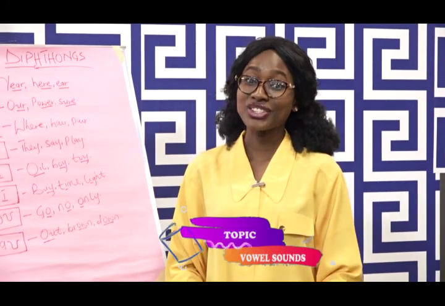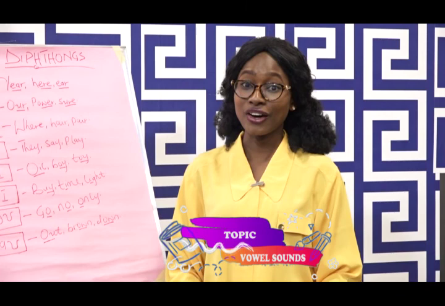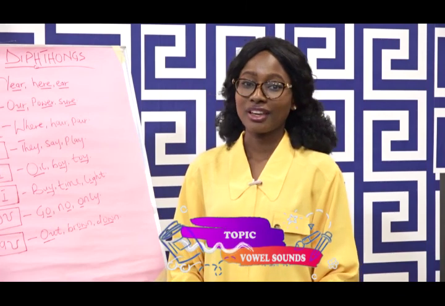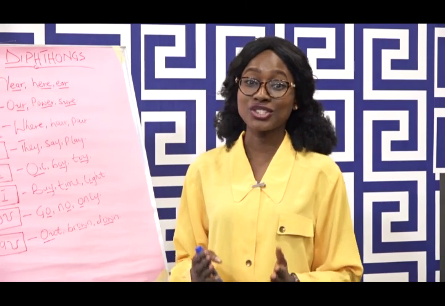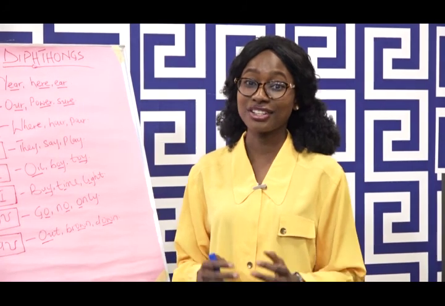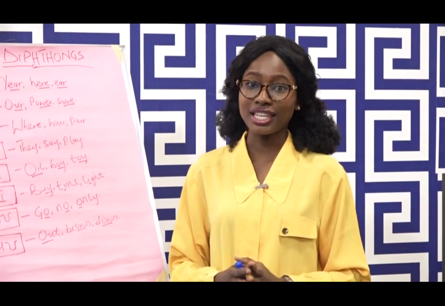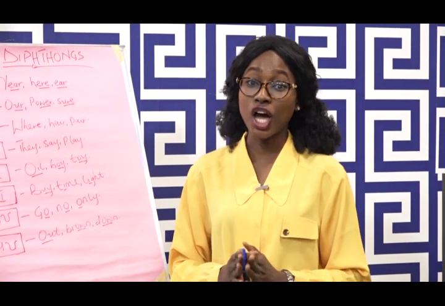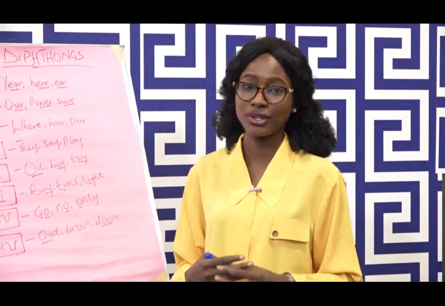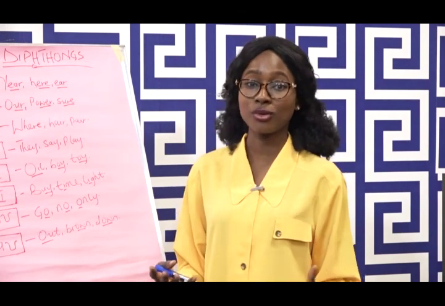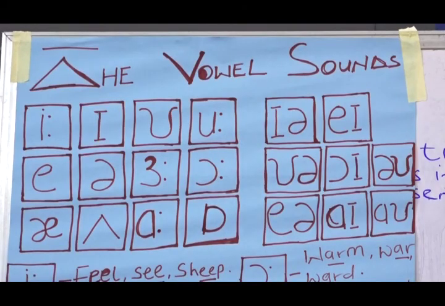Now, there are 26 letters of the English alphabet, and out of these 26 we have 5 vowels, and these vowels are A, E, I, O, U. Oftentimes when we hear vowels or vowel sounds, we typically refer to these 5 letters.